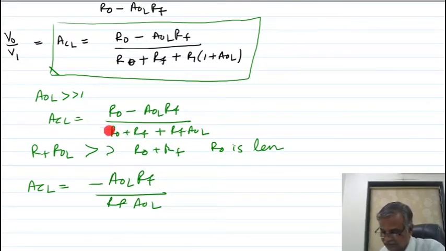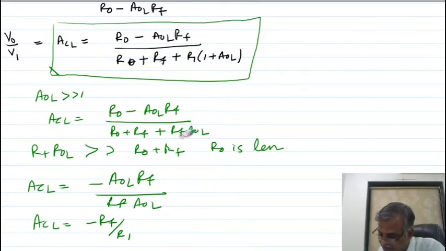These have been neglected because this is very large and this is very small. So this upon this. From this I can write ACL is minus RF by R1.